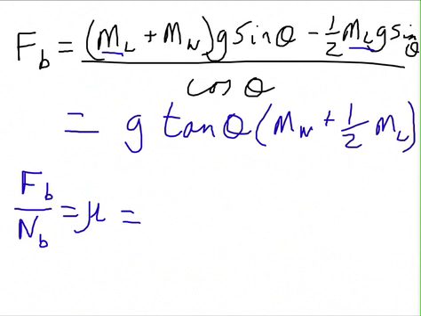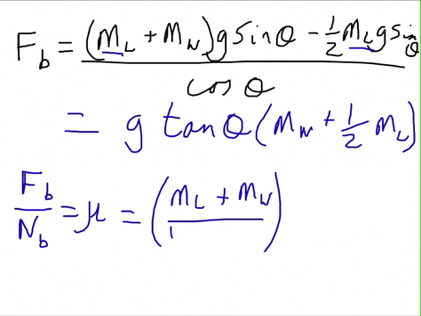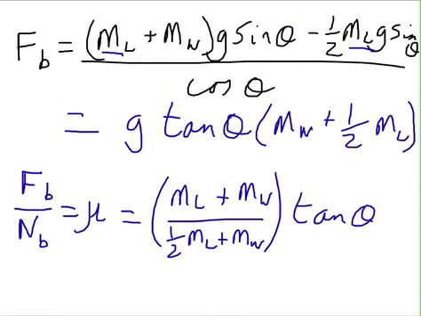Well, that's what we've just got up here, G tan theta times MW plus half ML, over ML plus MW, also times G, so that's equal to MW plus half ML over ML plus MW, times tan theta. And if that's equal to mu, it's right on the edge. So that will give us the critical angle.